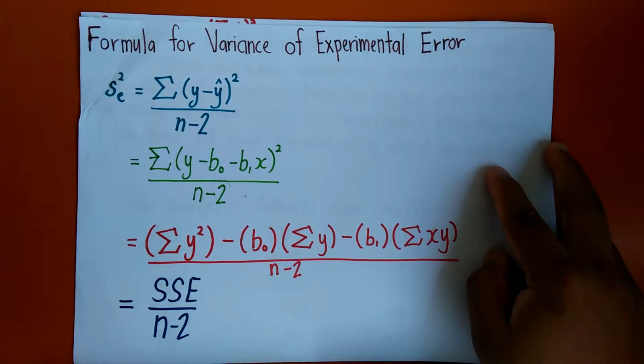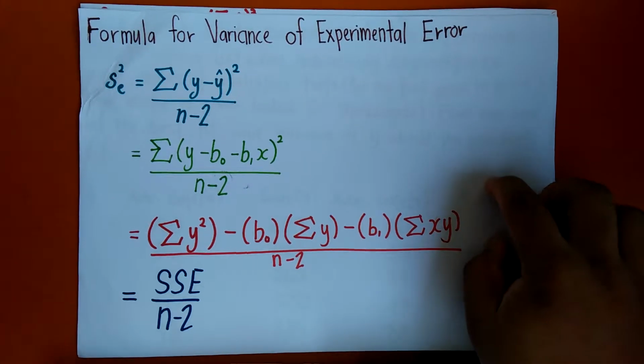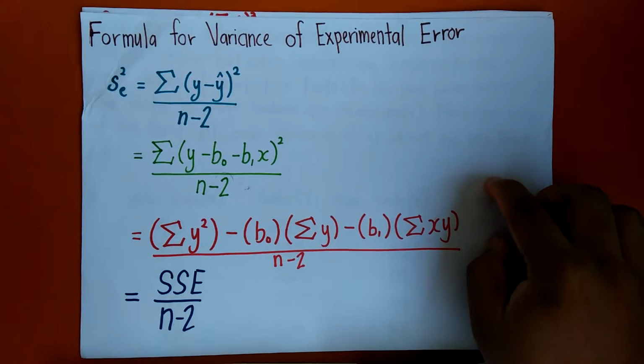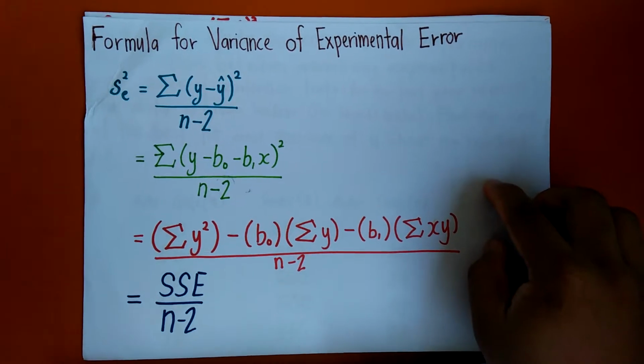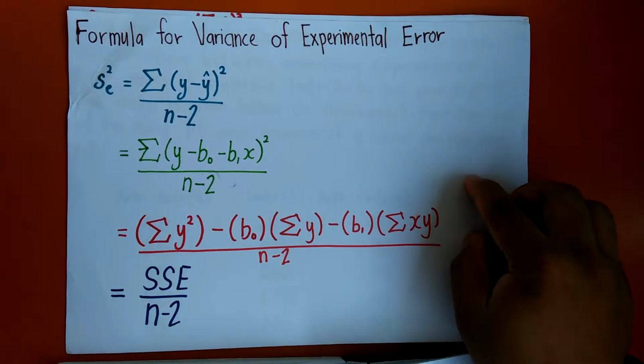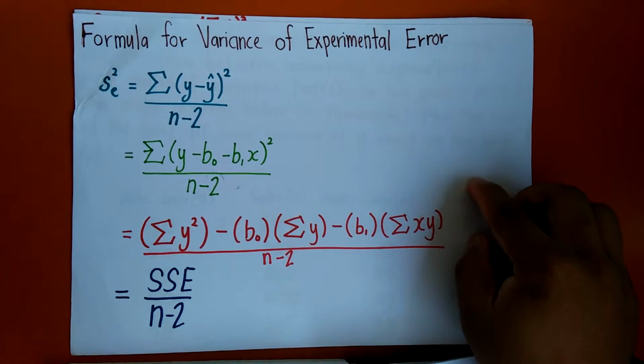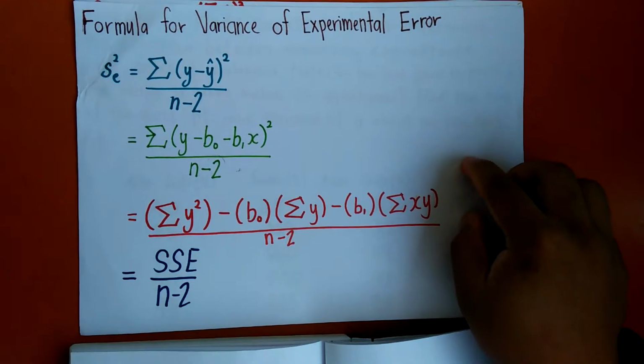So, the formula for variance of experimental error, also known as s_e squared, is equal to the summation of the square of y minus y hat, divided by n minus 2.